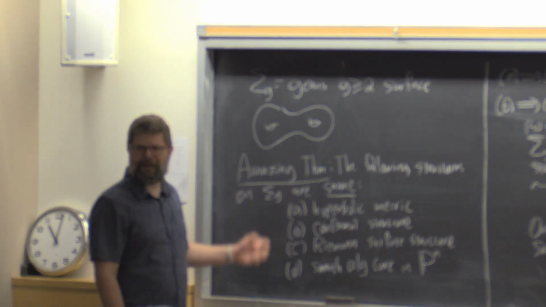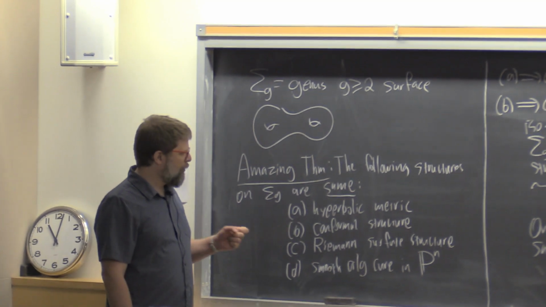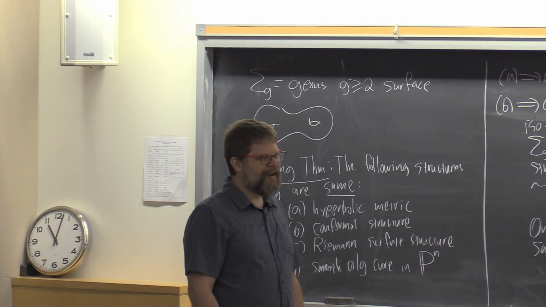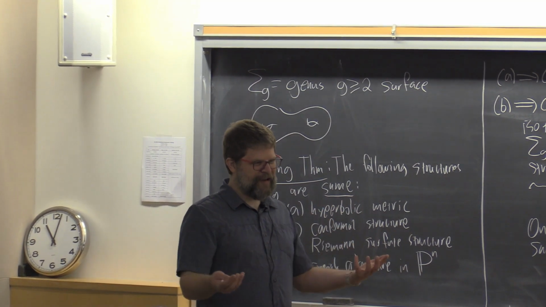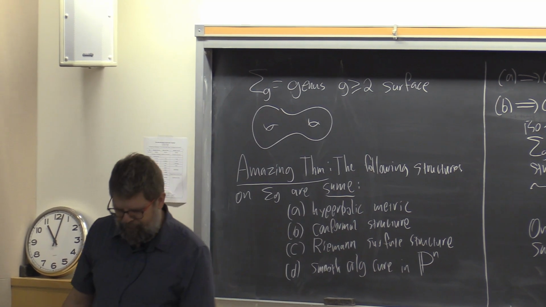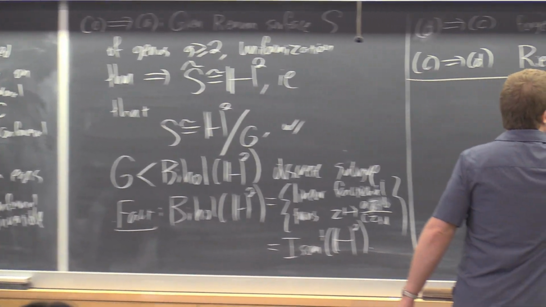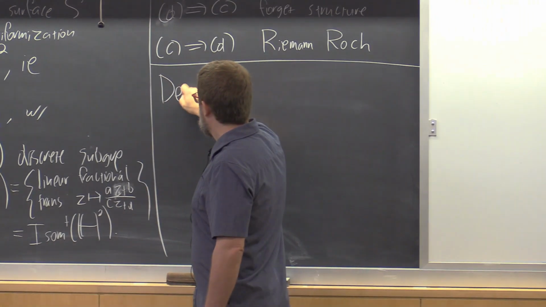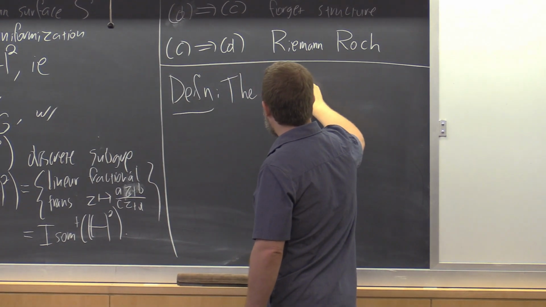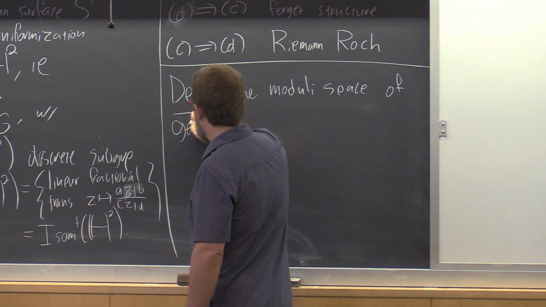They're all saying the same thing in different languages, right? You have algebraic geometry, and they all have things to say. And a lot of beautiful mathematics comes from trying to figure out how to identify the different things. So, what M_g is. Definition: the moduli space of genus g curves.